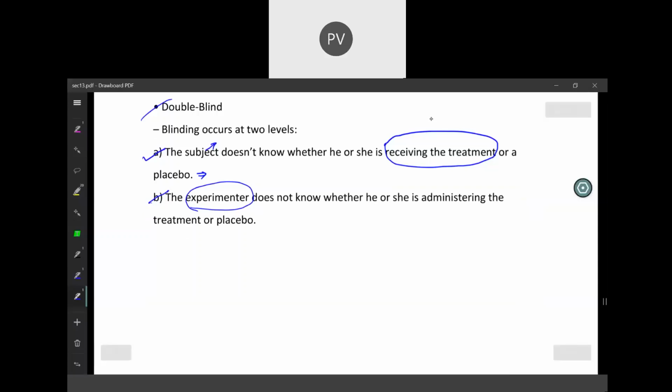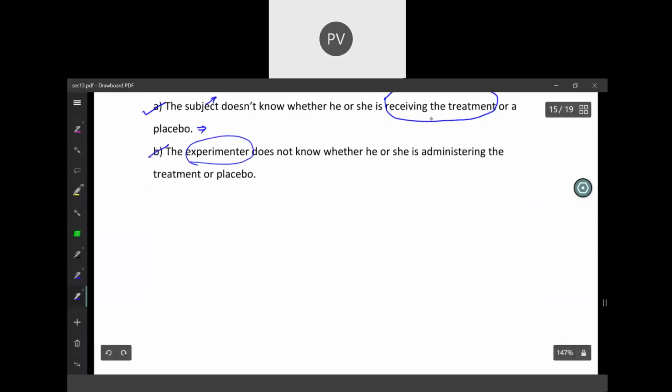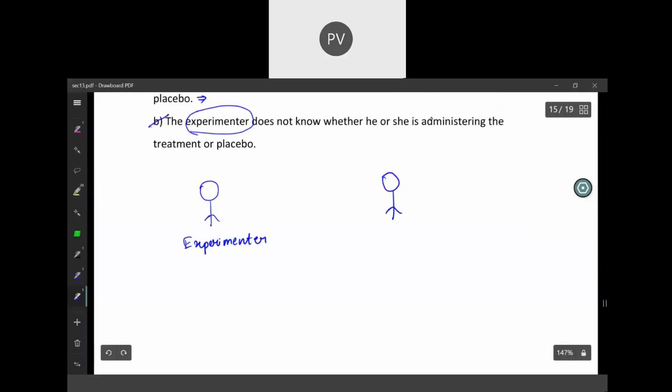So that means we have two people here. The person who is experimenting is called the experimenter, and the person who is involved in that experiment, or who is receiving the treatment, is called an individual or a subject.